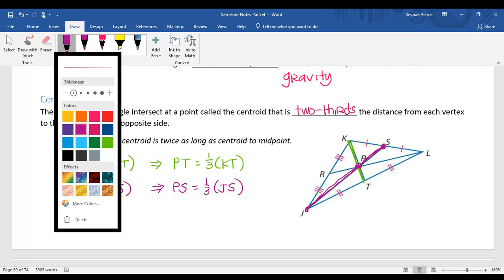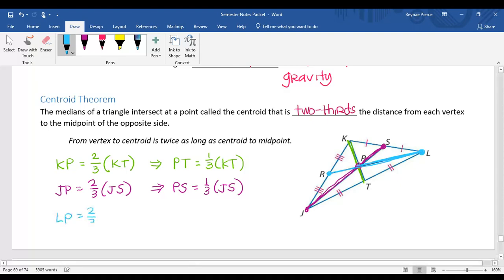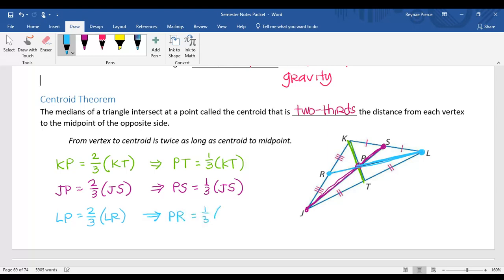And then let's look at the third: R is the midpoint, L is the vertex. So that distance from the vertex to the centroid, from L to P, is 2/3 of that total distance from L to R. And then centroid to midpoint is 1/3 of that total distance.